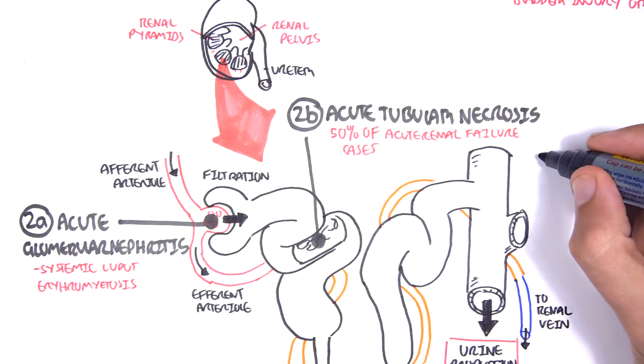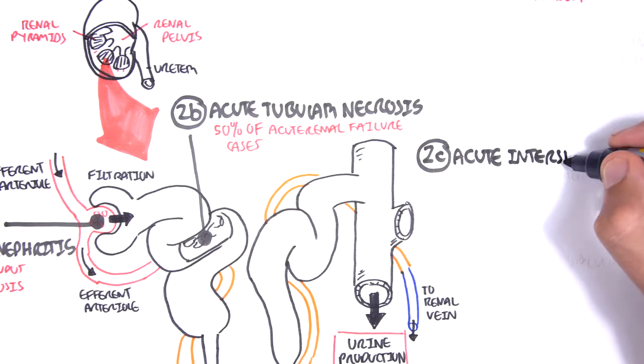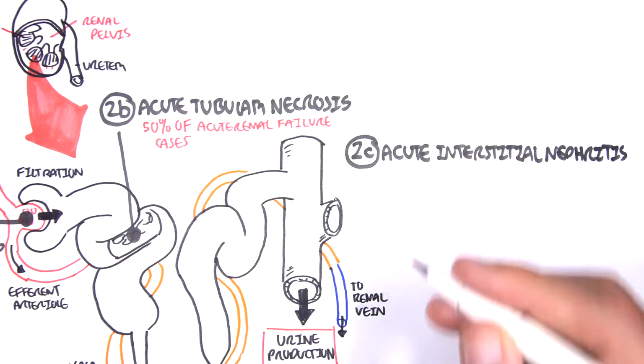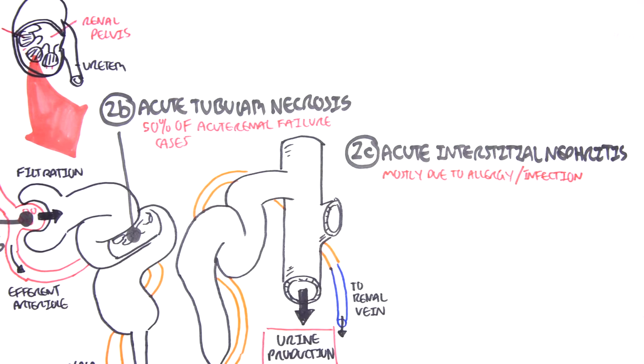And then we have acute interstitial nephritis, which is literally inflammation of the interstitial space in the kidneys. And we see this mostly in allergic reactions as well as infection. Now, before we look at the fourth type of intrarenal cause of acute renal failure, we have to understand that pre-renal, intrarenal, and post-renal causes are all connected.